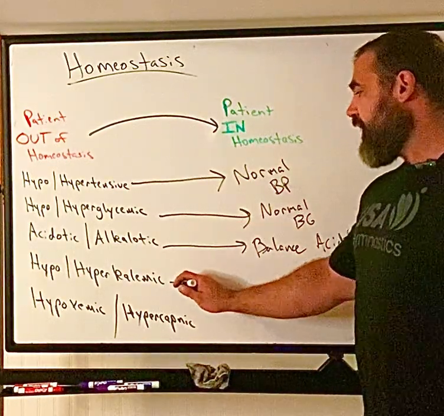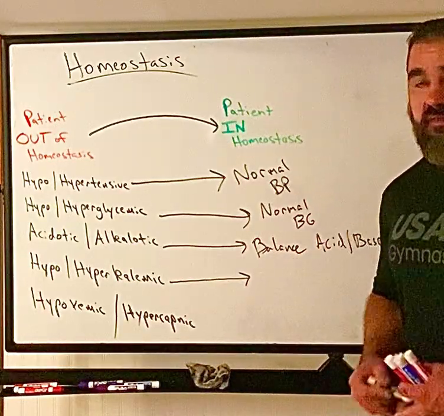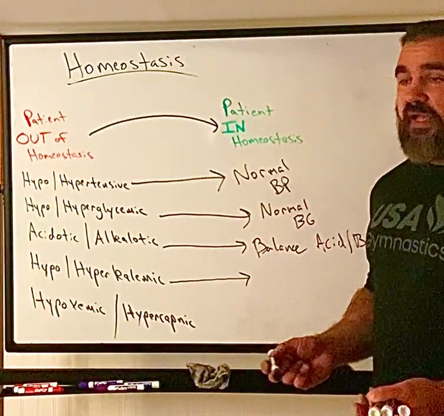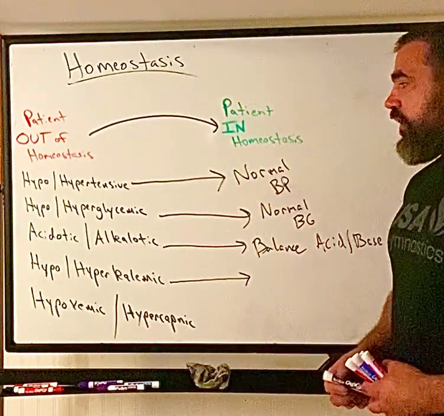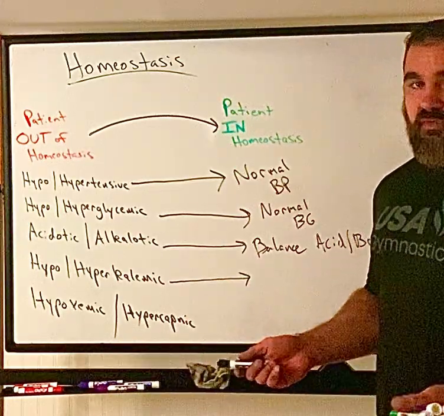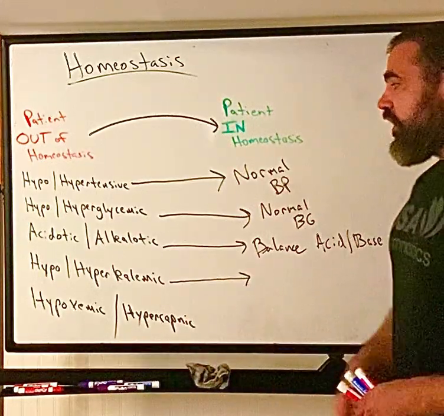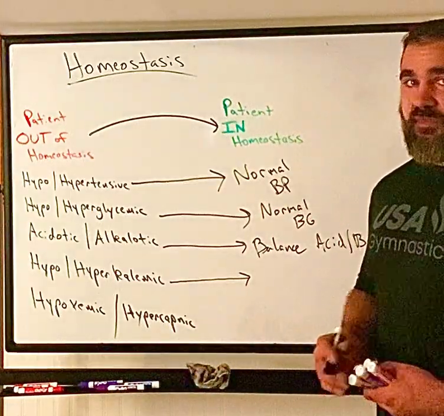Hypo or hyperkalemia, so all of your electrolytes, right? I use potassium as an example because it can be deadly, right? Normal potassium should be about 3.5 to 5 milliequivalents per liter. If it's too low, it can cause arrhythmias, which you'll learn when you get to cardiac function. Hyperkalemia also can cause arrhythmias, and can get real scary.